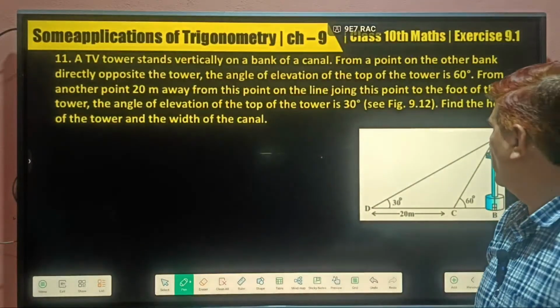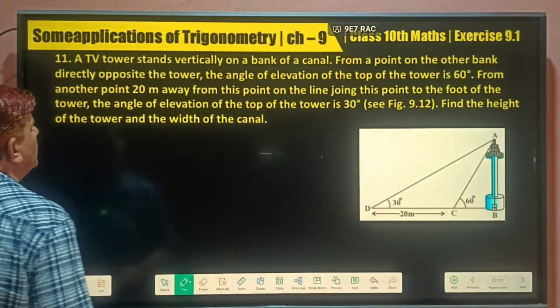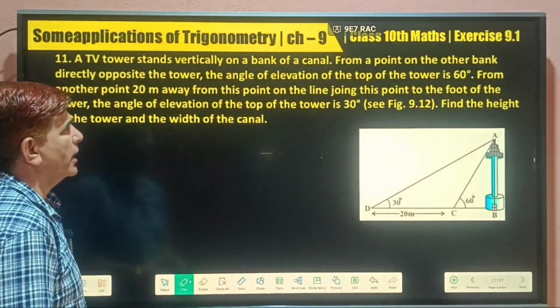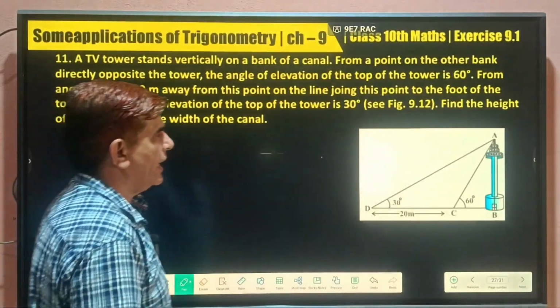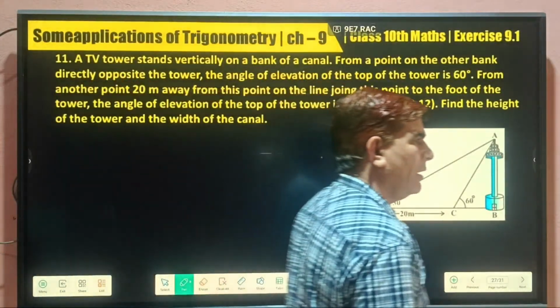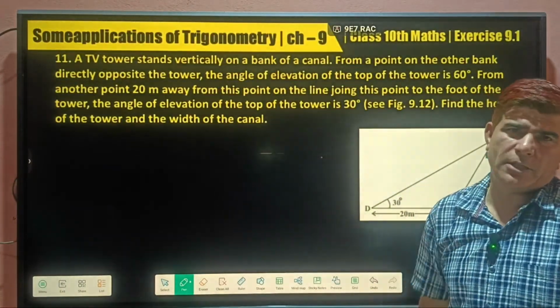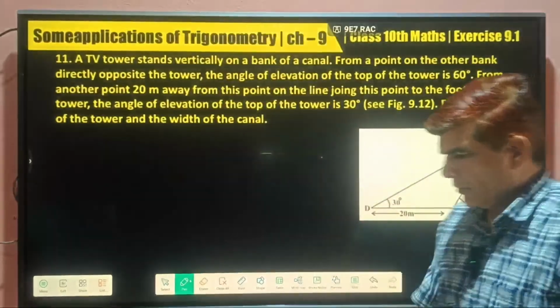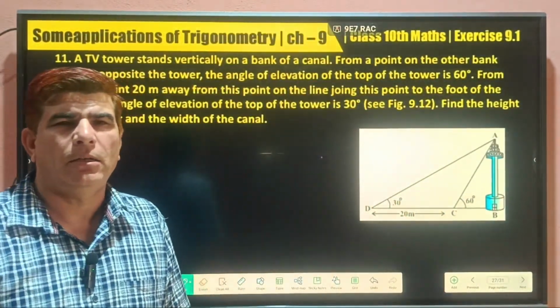One more question is given, which is also very important. A TV tower stands vertically on the bank of a canal. What's the difference between a canal and a river? In rivers, water flows the full year. In a canal, water does not flow the full year.